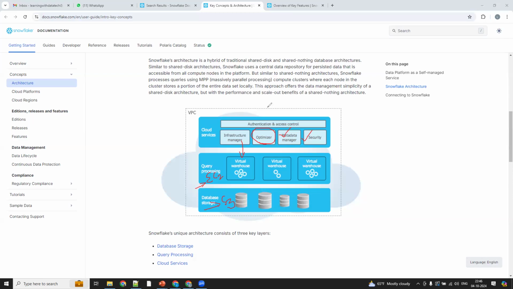Once I create the Snowflake account, you'll give a username and password, right? Somebody has to validate whether that username and password are correct or not. That is validated by authentication and access control.